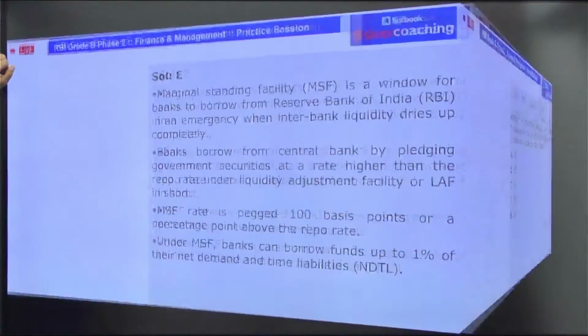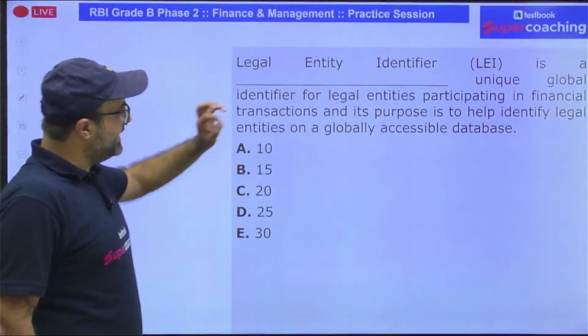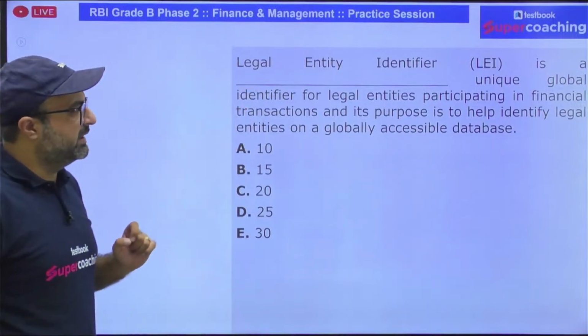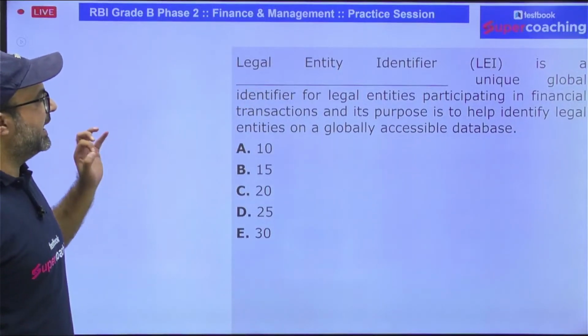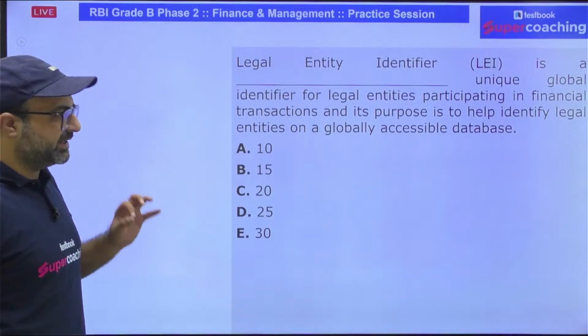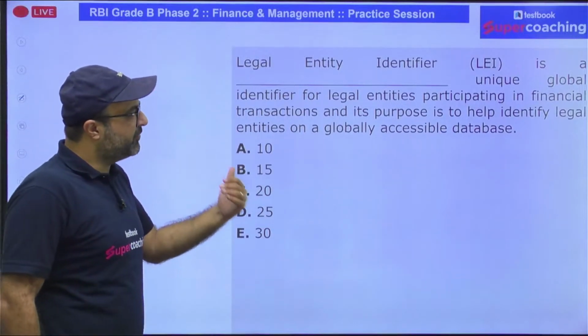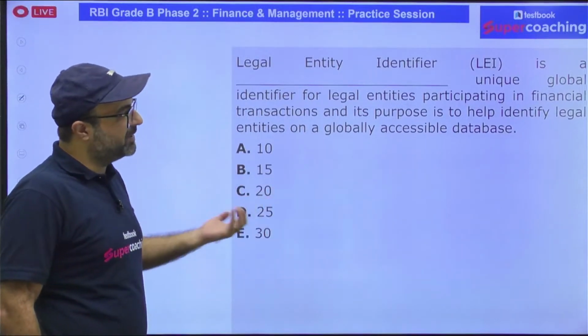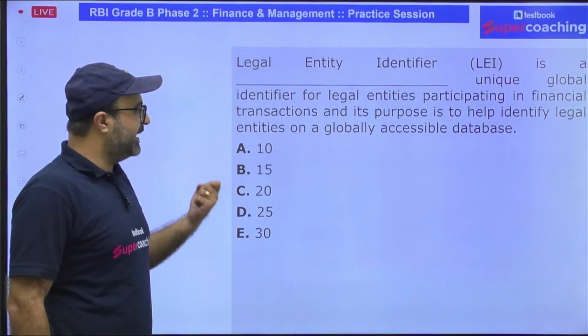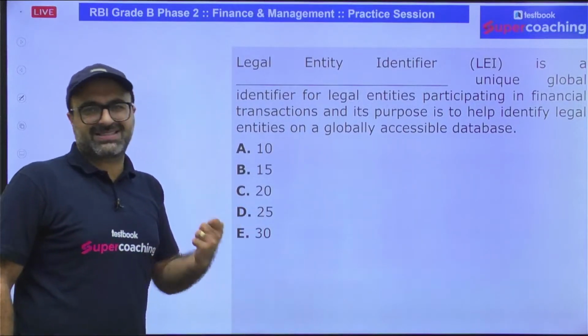Moving on to the next. The next question says legal entity identifier is a dash unique global identifier for legal entities which are participating in financial transactions, and its purpose is to help identify legal entities on globally accessible data.